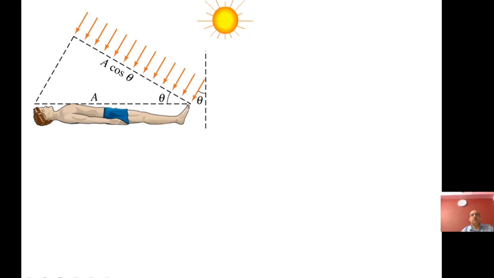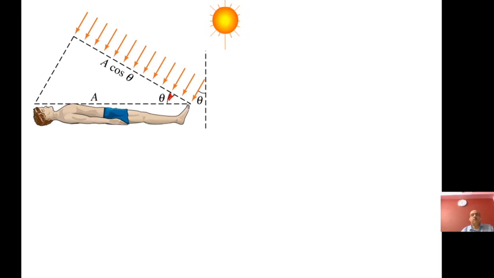Now here is the sun, and the radiation is coming from the sun, and a person is lying. The area of the person is A, and the heat radiation is coming, making some angle, that is theta.